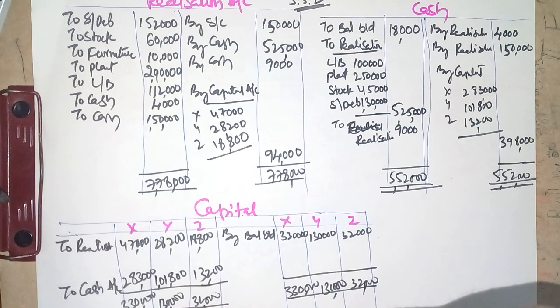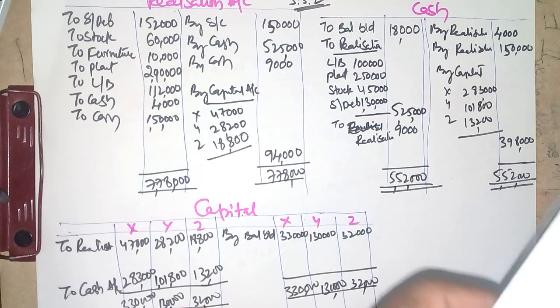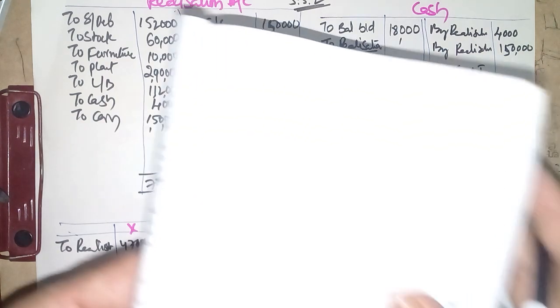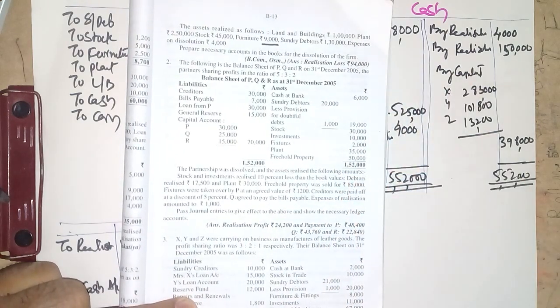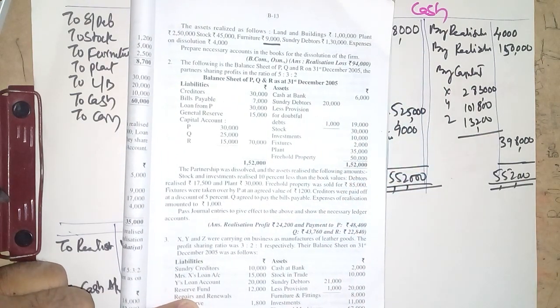So now we will take up one more problem, whereby we will understand the concept, right? See the second question. Little bit change we have, so that's the reason why we have taken up this question.